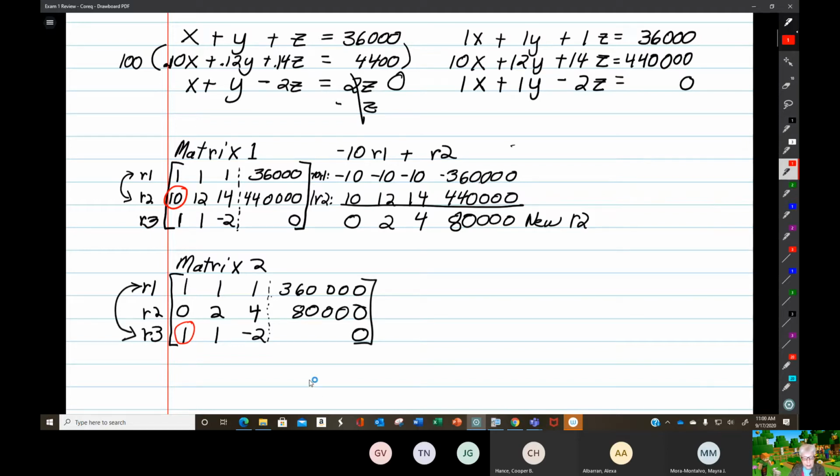Well, to do this, it looks like it would be easiest to take row 1 and add it to negative 1 times row 3. So I'm going to do that.